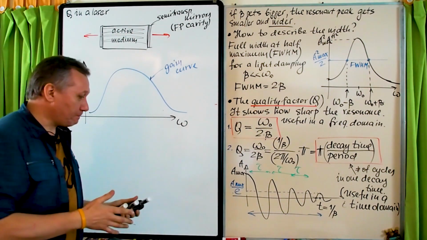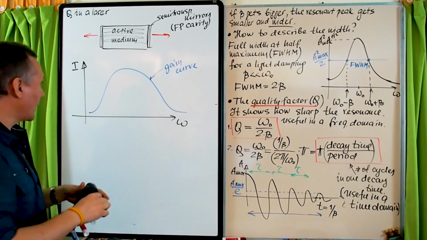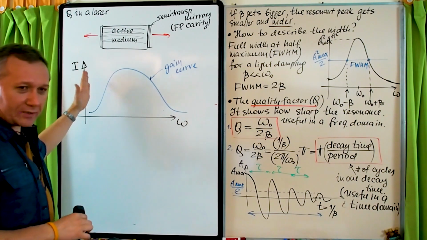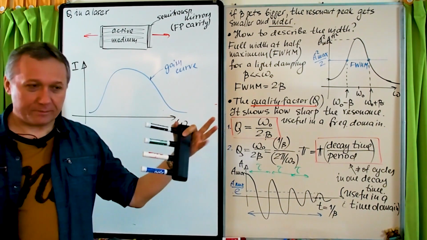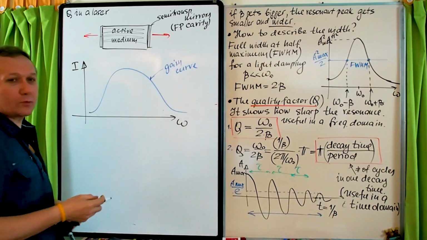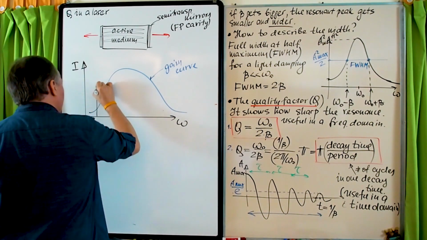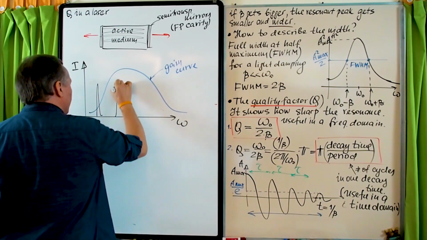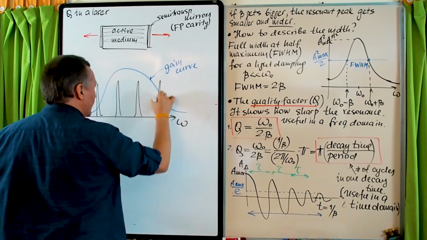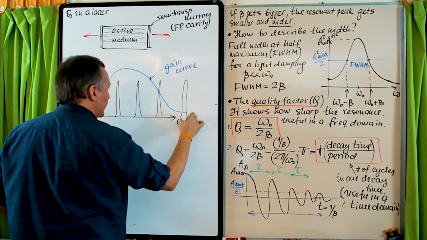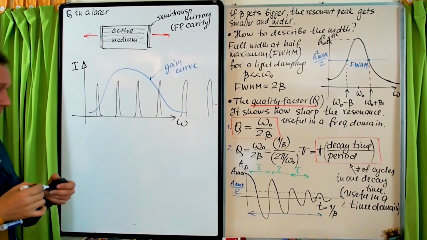There are resonances of a Fabry-Perot cavity that start from 0 all the way to infinity and are spread equally, equidistant. They give us peaks like this. So these are resonant frequencies of the Fabry-Perot cavity, and they're equidistant.